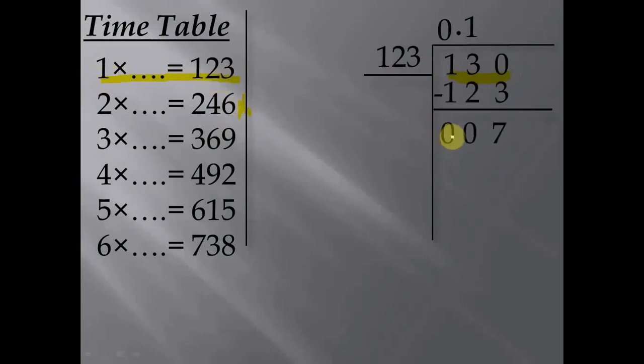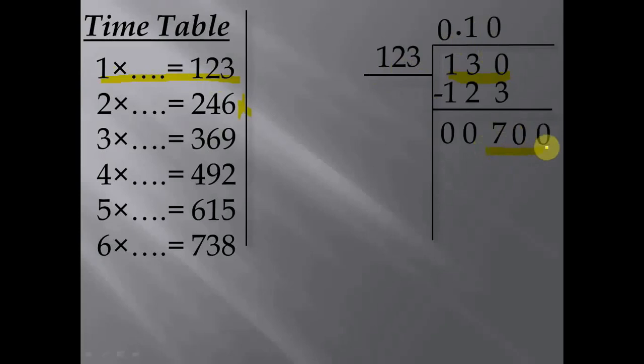The remainder is 007. 7 is a remainder, we must add 0. A new dividend equals 70. 70 divided by 123 impossible, so we put 0 in the quotient and add another 0.